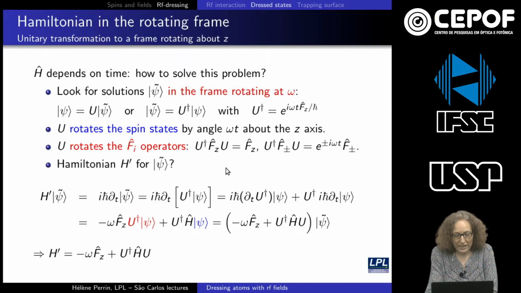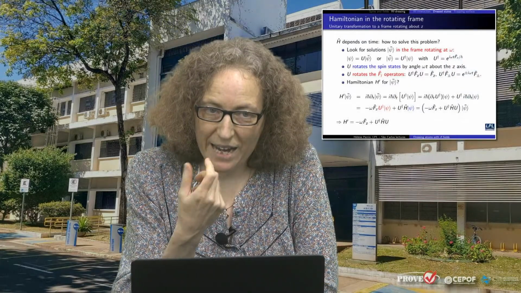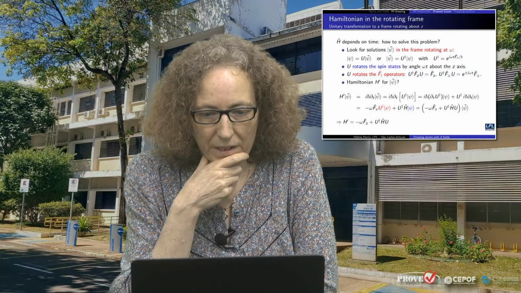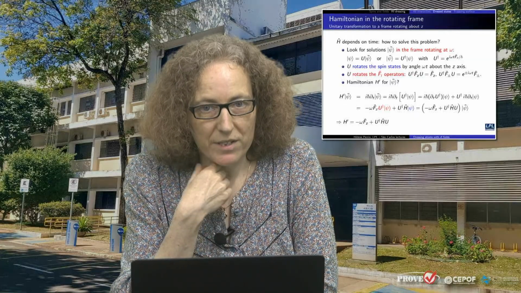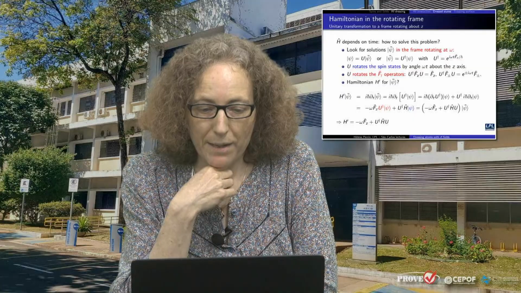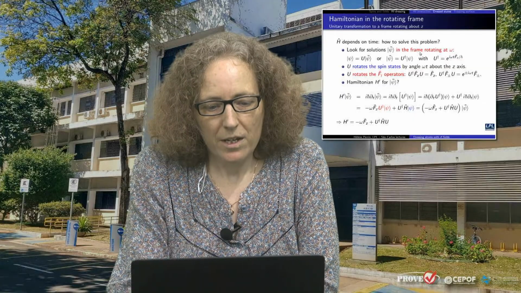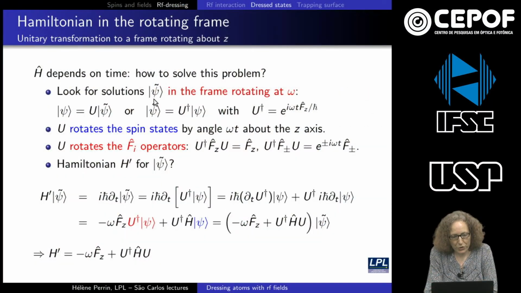So let us go into the problem and solve our Hamiltonian. The point is that now we have a Hamiltonian that depends on time because of the e to the i omega t term. And so to solve this problem, we would like to get rid of the oscillating term and go back to a time-independent Hamiltonian. So for that, we will look for solutions, psi tilde, in the frame which rotates at frequency omega around the z-axis.